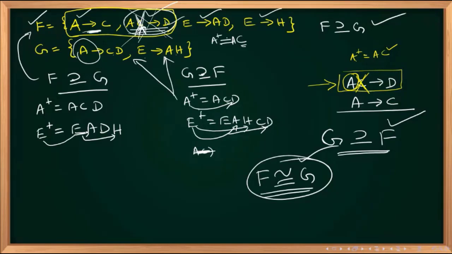Yes or no? You add some other attribute, then with this one, anything you can add. Okay. So it doesn't mean that the other set also should have that one. So you leave all those redundant attributes. After that, you compare it. Is it clear? Priya, is it clear? Yes. Oh, fine. So F is equivalent to G.